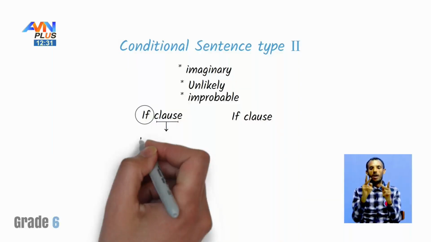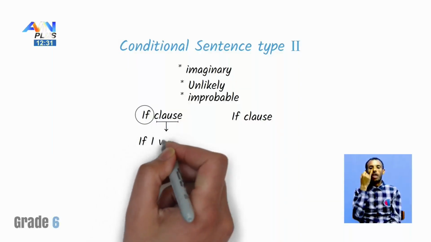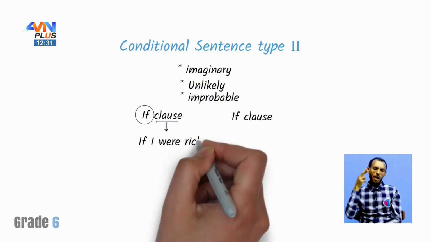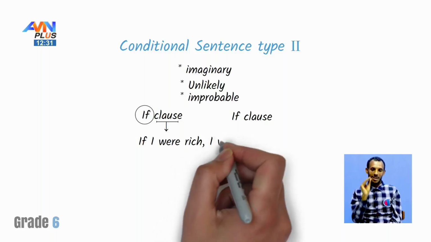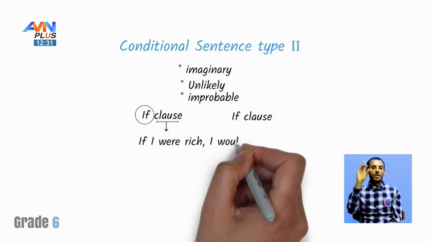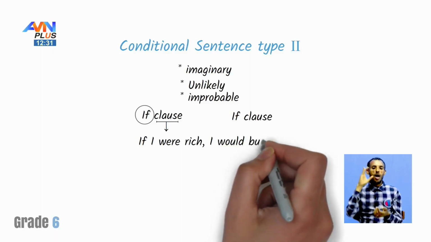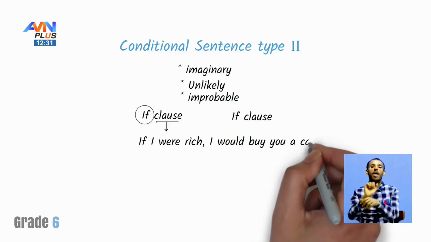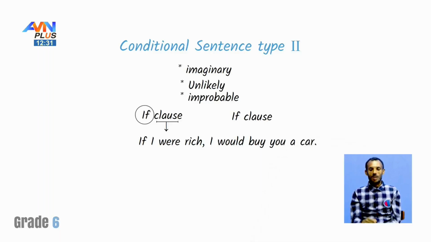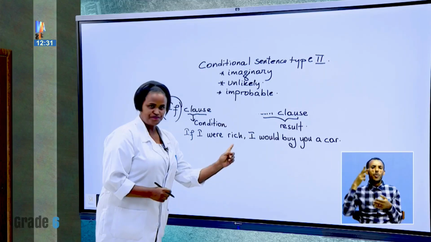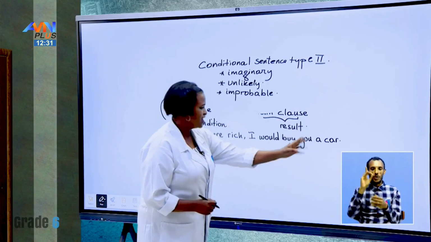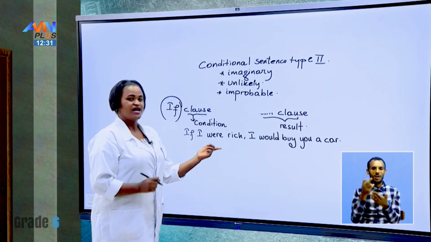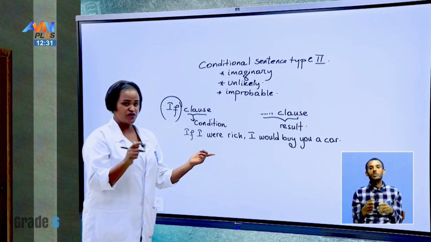Okay, look at this. If I were rich, then, comma, I would buy you a car. Look, you see this? If I were rich, I would buy you a car. Give attention to the grammar that we are talking about here, all right?